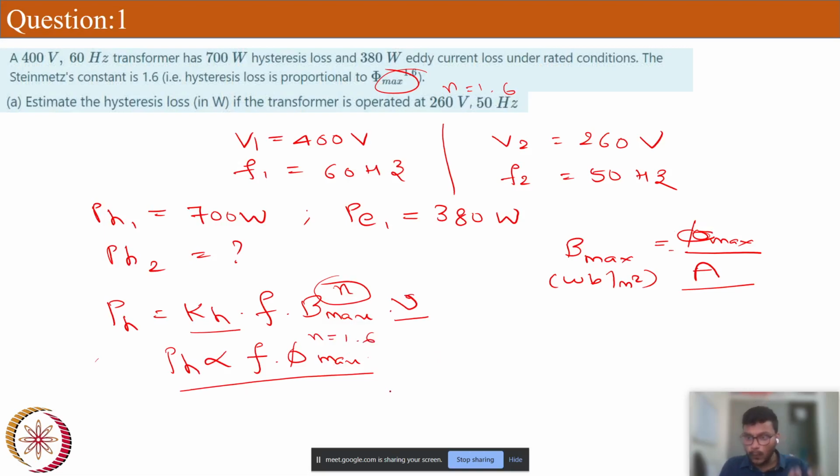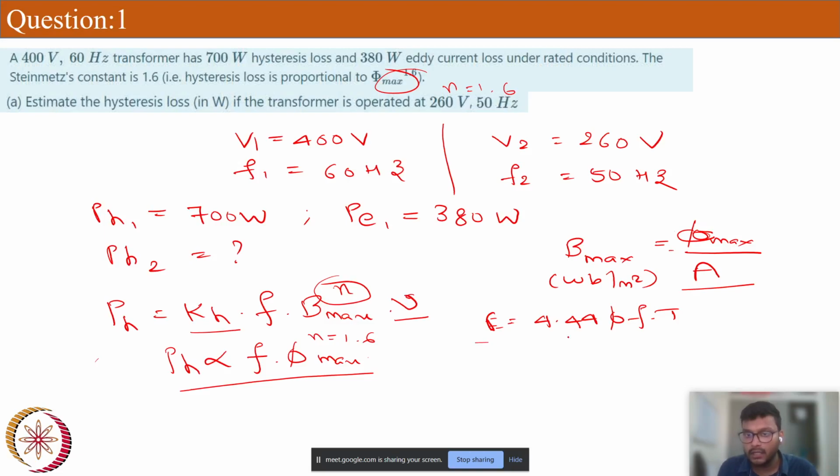Now we have to find a relation between frequency as well as voltage, because these two are the changing operating conditions here. We discussed last week the induced EMF equation, E is equal to 4.44 f phi T. Here we have to bring a relation between voltage and frequency.